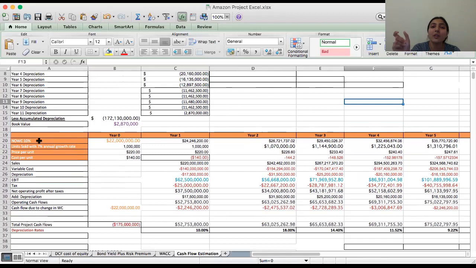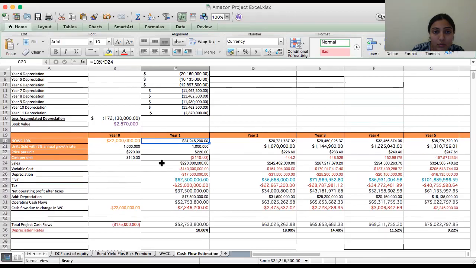So 10% multiplied by my sales amount, I will get my net operating working capital. I will show you how. See, 10% multiplied by my sales amount. In this way, I found net operating working capital for all the 11 years.